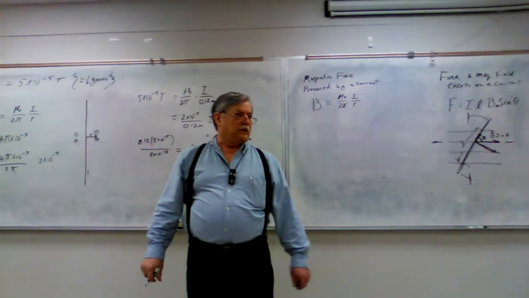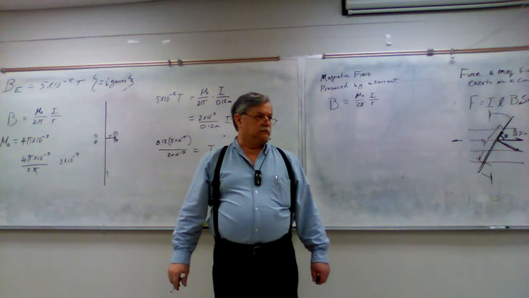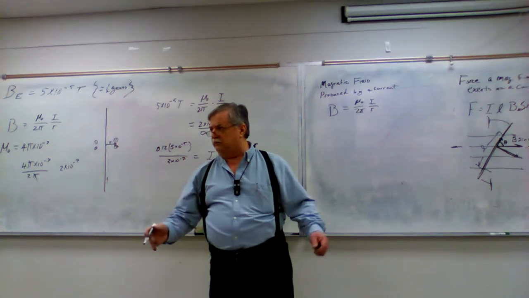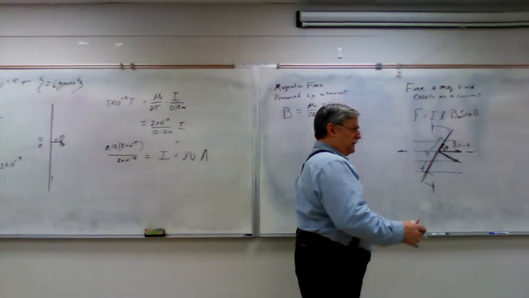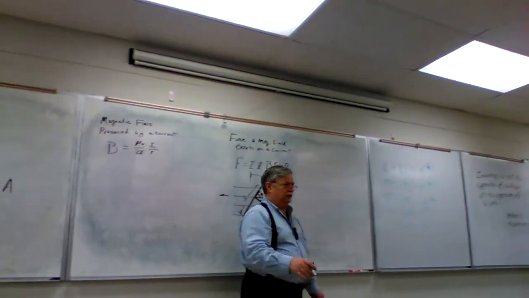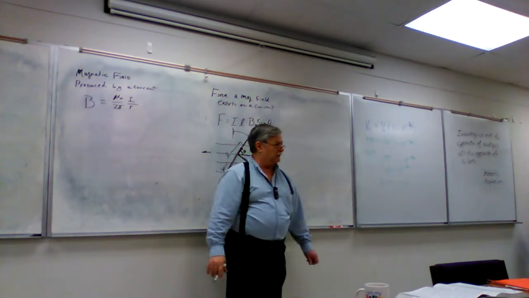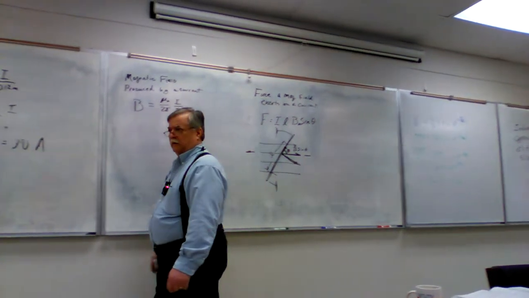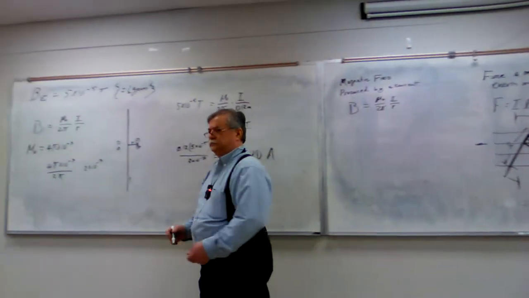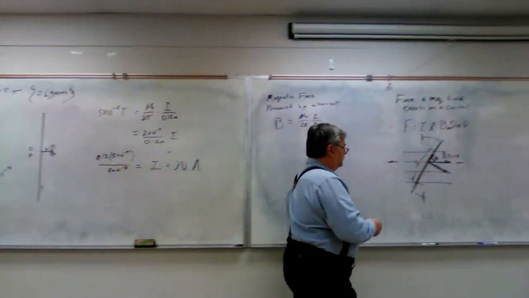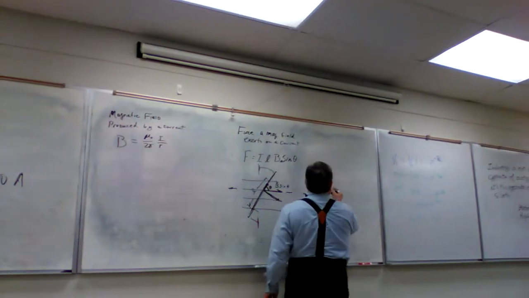But there is a problem in your homework where it talks about a coil of wire with 9 loops that's got the magnetic field passing through it at minus 57 degrees below the horizon. Let's look at that problem.